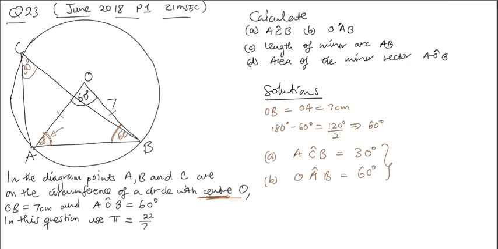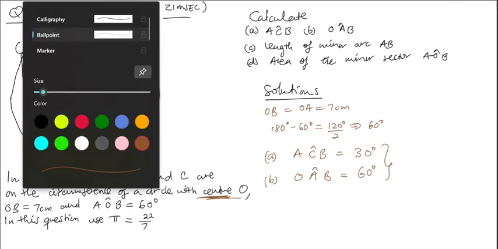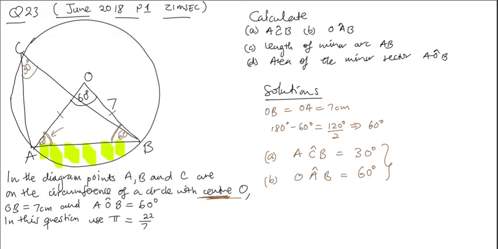All right, so looking at this diagram, I'm sure you can all see that there's a chord AB there. So what it simply means is that this portion down here, we can call it the minor segment.